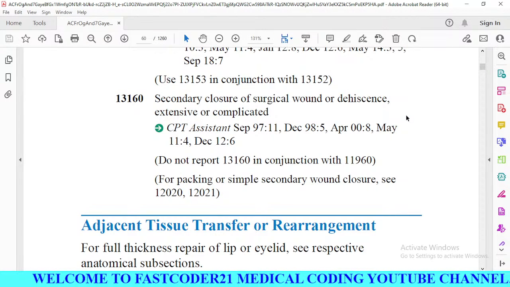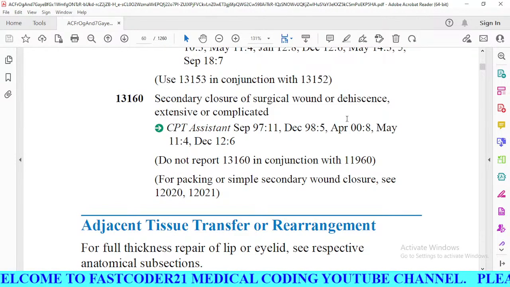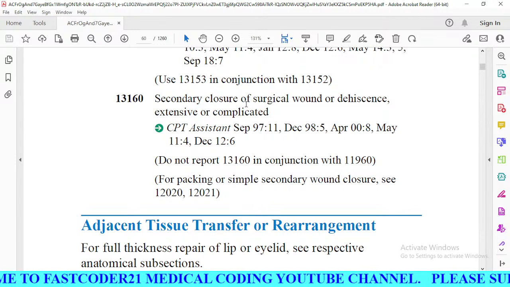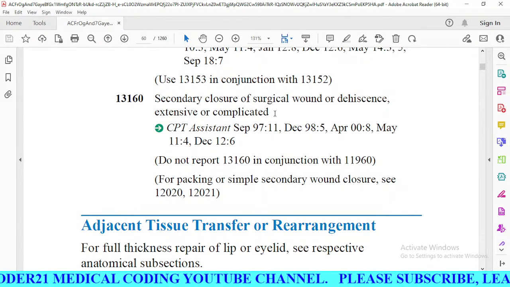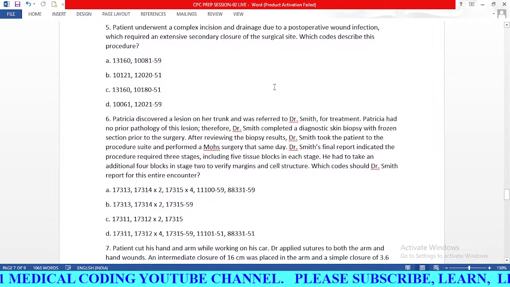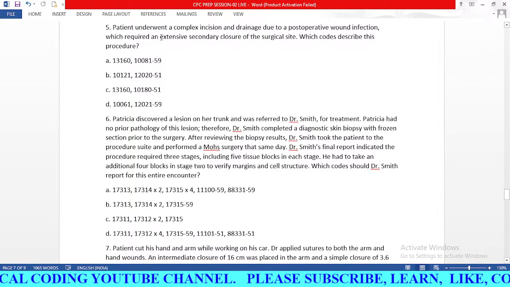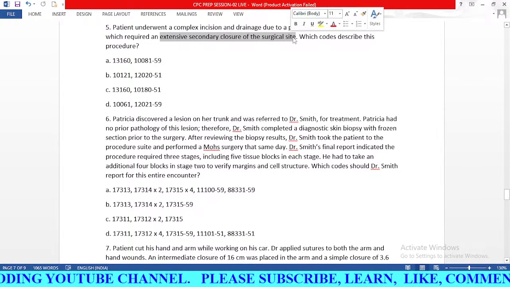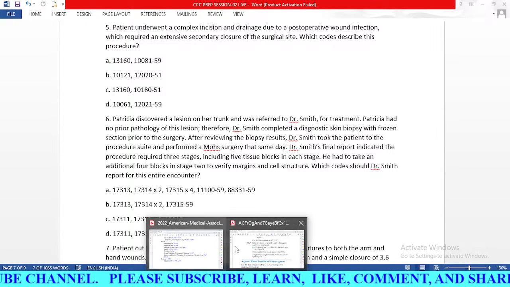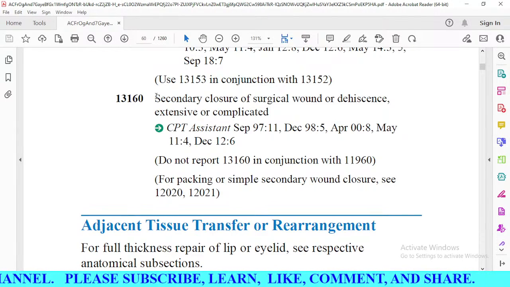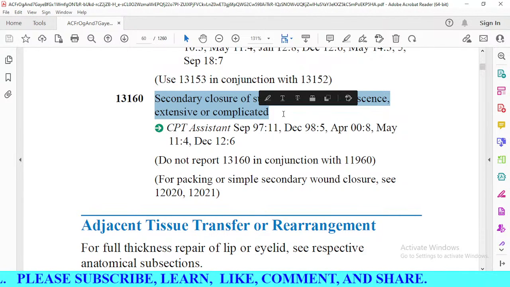So directly you need to go to the code and select. So 13160, secondary closure of surgical wound or dehiscence, extensive or complicated. So what is our question? Here, extensive secondary closure of the surgical site. So if you compare this question with this code description, it matches.